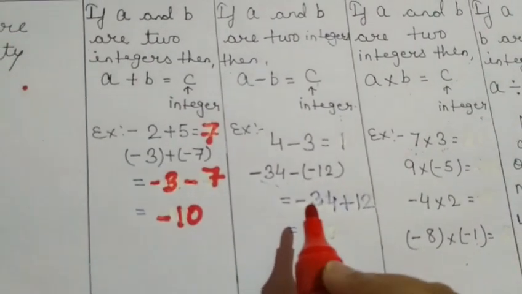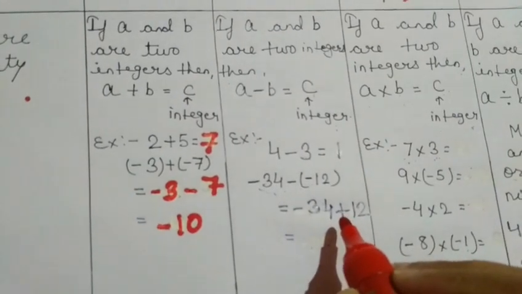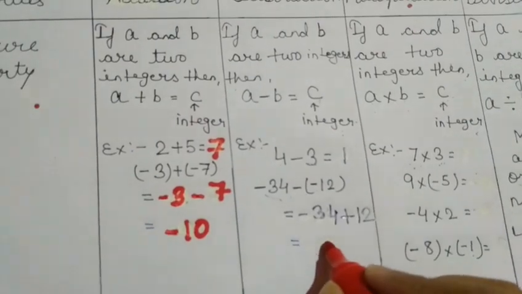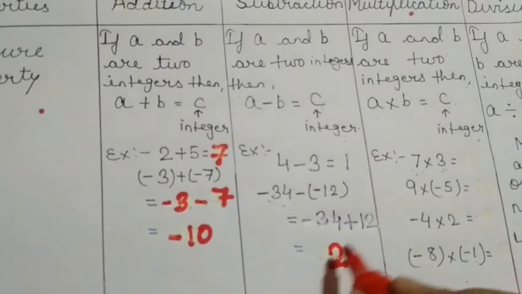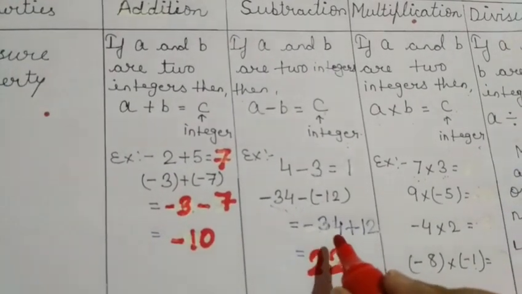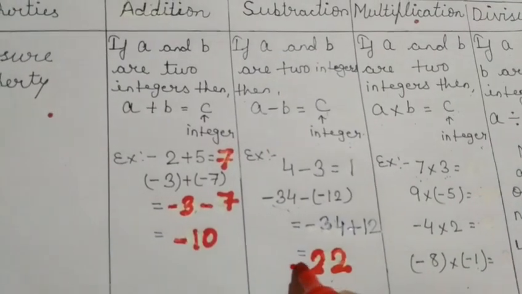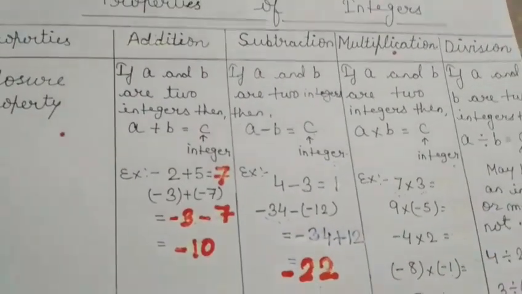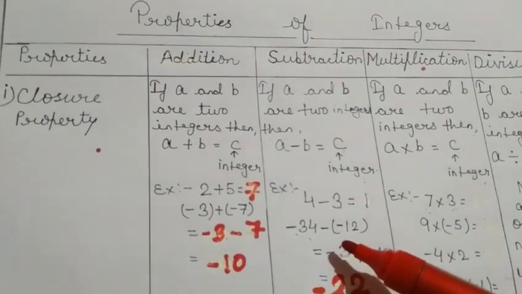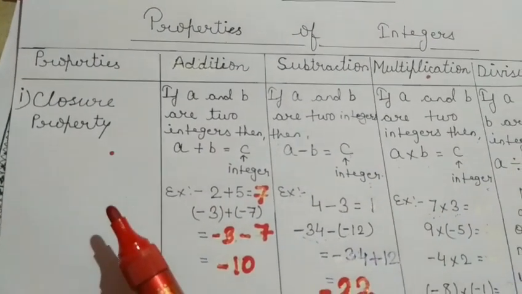In my last video I told you that different sign, then you have to do subtraction. Then 34 minus 12, 2, 3 minus 1, 2. And just check it here, which number is greater? 34 is greater, with the sign of greater number here. By both examples we can see that subtraction also follows closure property.